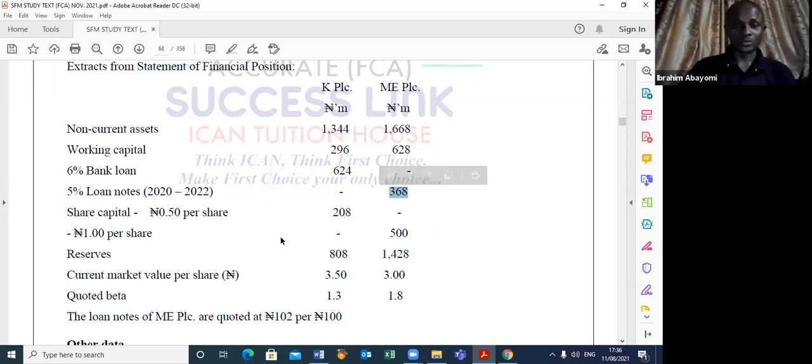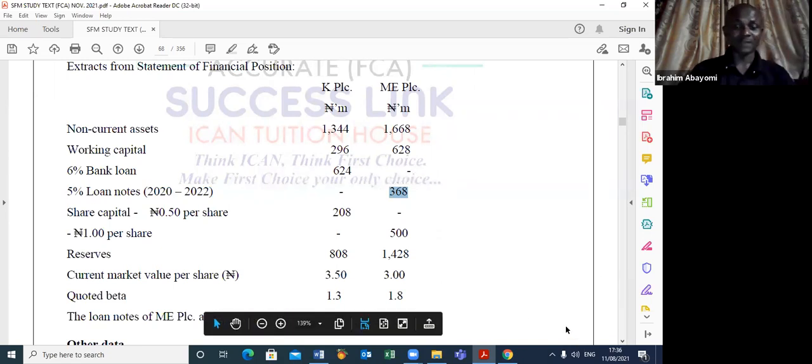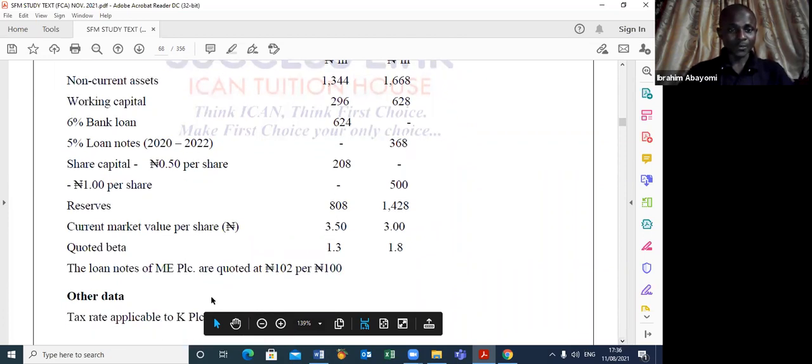And of course, it's a loan note, so it is traded. Because it is traded, it must have a market value. What is the market value? The loan notes of MEPSC are quoted at 102 per 100.